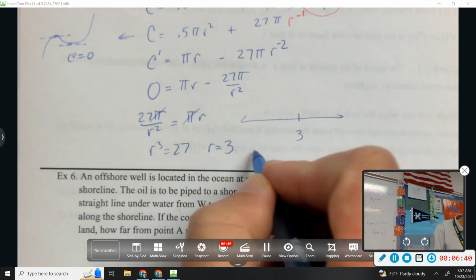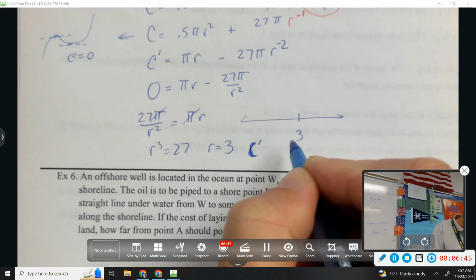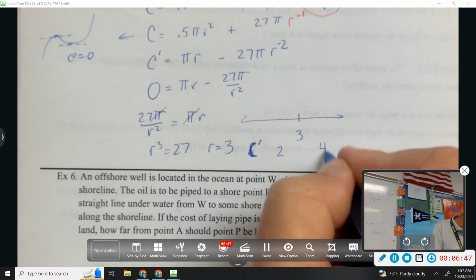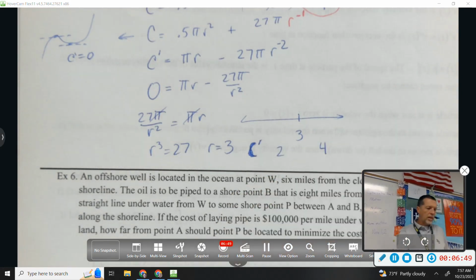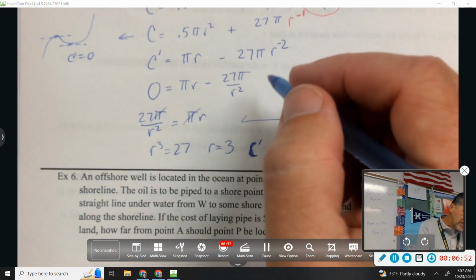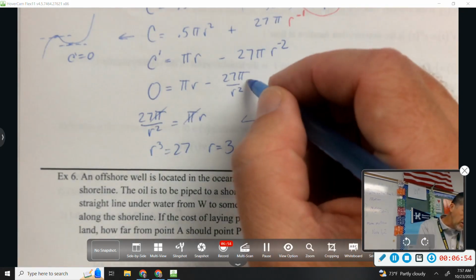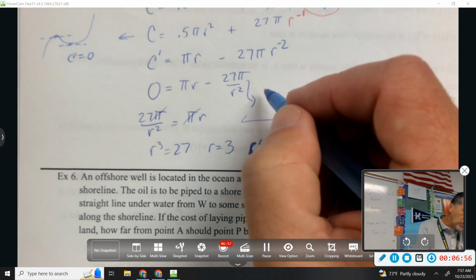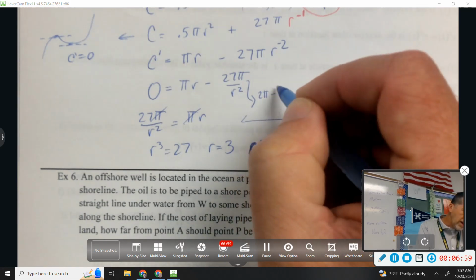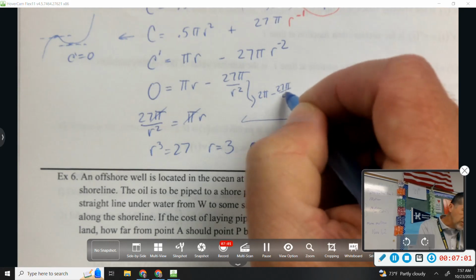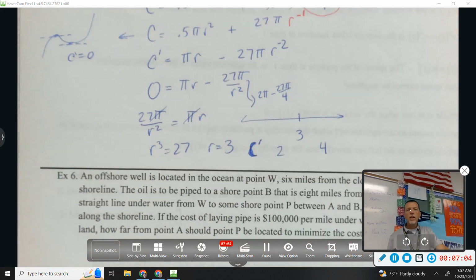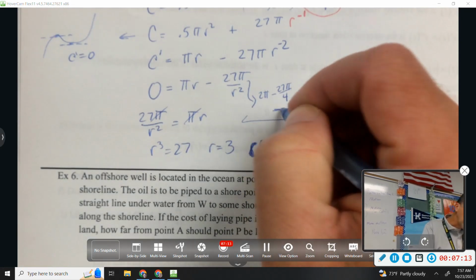So there's 3. Let's check c prime at 2 and 4. So let's see, here's c prime right here. If I plug in 2, I get 2 pi minus 27 pi over 4. 27 over 4. What is that? 6 and some change. 2 minus 6 is negative. Remember, that's all I really care about.